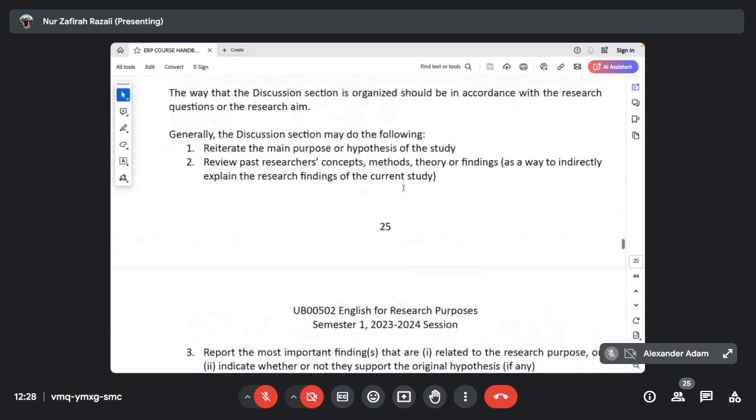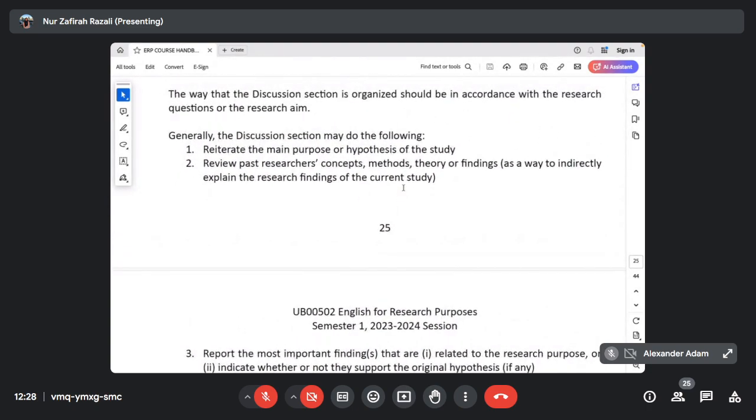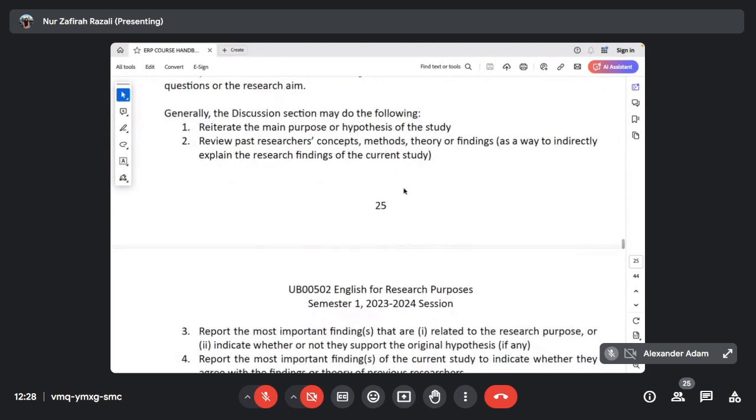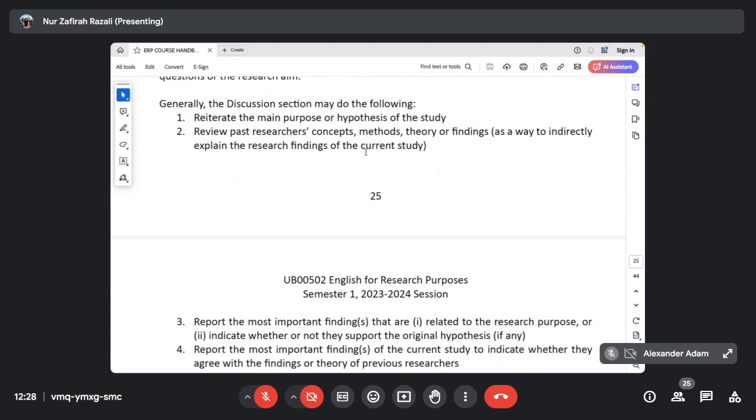Generally, the discussion section may do the following. It's almost the same as the results section, except this is more focused on the discussion. It reiterates the main purpose or hypothesis of the study. It reviews past research, concepts, methods, theory, or findings as a way to indirectly explain the research findings of the current study.